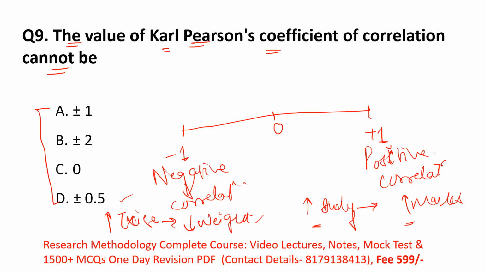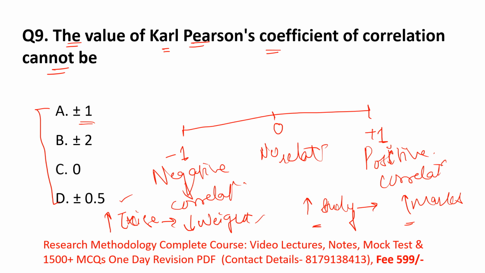And 0 means there is no relation between the variables. So here, +1 and -1 mean perfectly positive and perfectly negative correlation between these two variables. So yes, +1 and -1 lie on this scale.